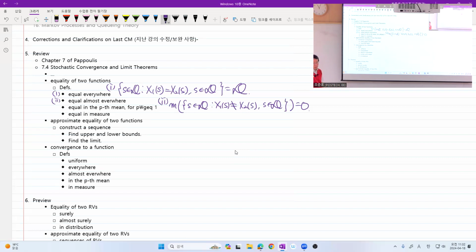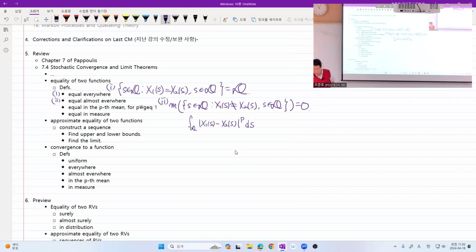Equal in the p-th mean. What does that mean? We want to find the integration of the difference raised to the power of p, and then we integrate.